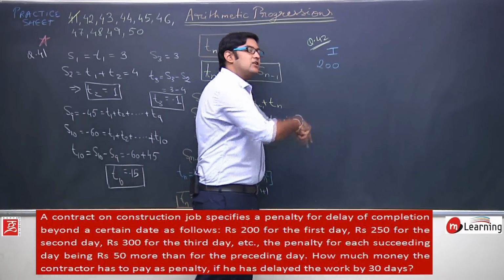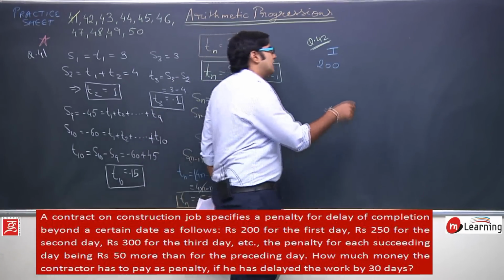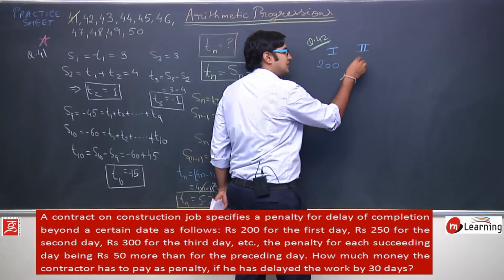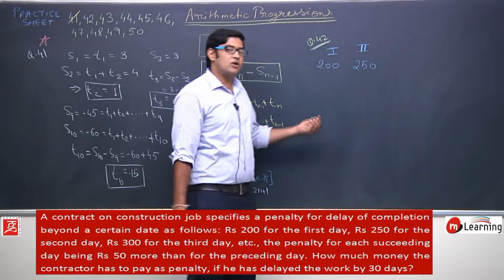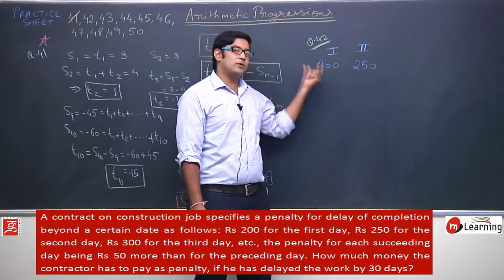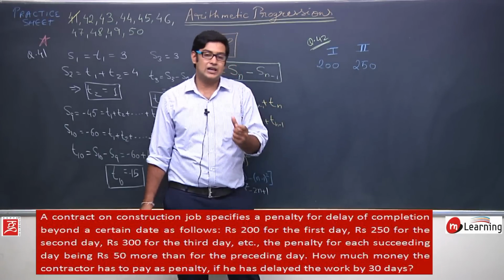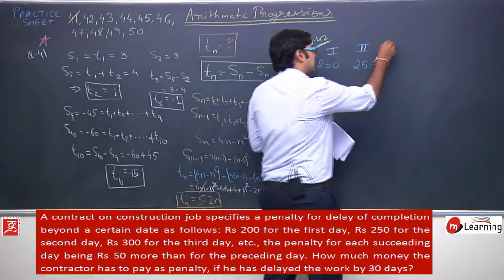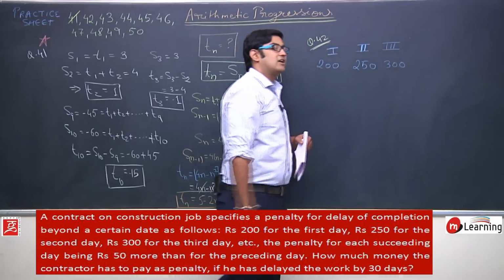If even on the 2nd of January the work is not completed and he takes 3rd January also, then for the 3rd January, that is the second day, he needs to pay rupees 250 as a penalty. So in all, if he delays the work for 2 days, he needs to pay 200 rupees for the first day and 250 rupees for the second day, that is 450 rupees total for the delay. For the third day, he needs to pay rupees 300 extra, again as penalty.